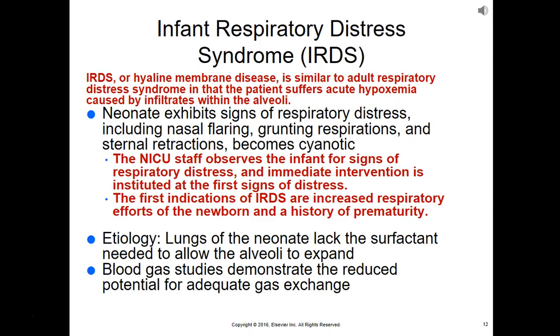And then when the baby breathes in, it allows those alveolar sacs to expand and let that gas exchange occur. So if they have no surfactant, then their lung tissue becomes stiff and rigid instead of pliable and expandable. So blood gas studies demonstrate the reduced potential for adequate gas exchange, which of course is a big problem because that's where the hypoxemia comes into play.